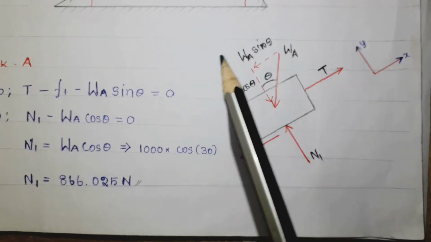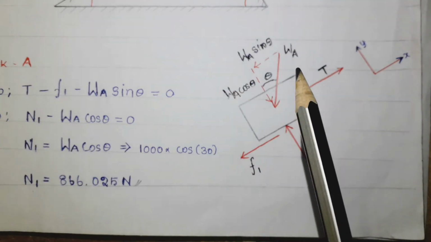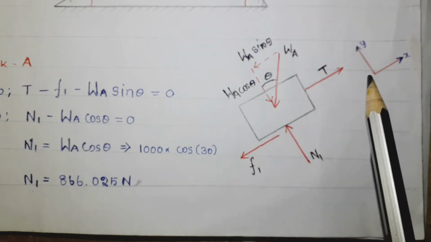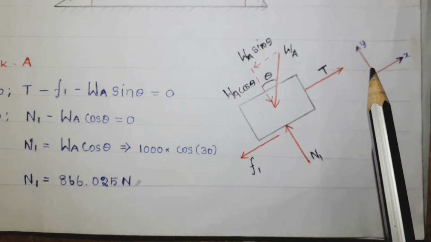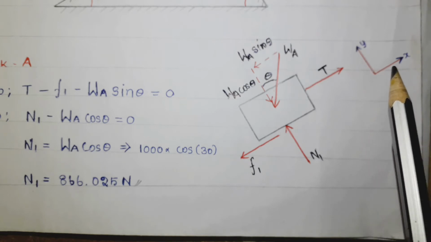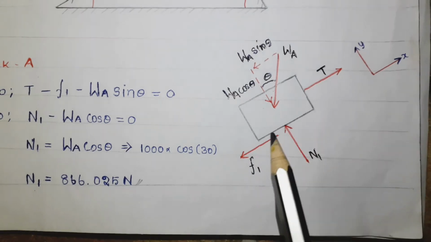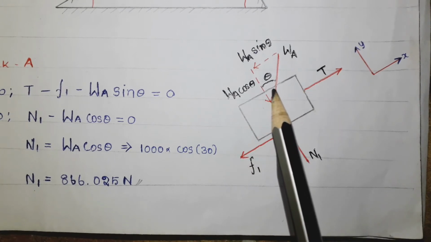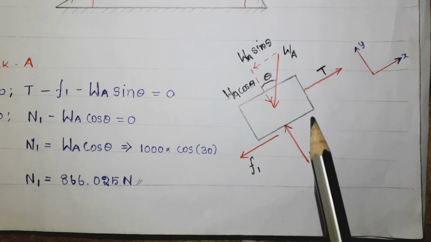Now this is the free body diagram for the block A. Here is the weight, tension, normal reaction, friction, and this is the coordinate axis. You see here it is now reoriented according to this inclined plane. Among these four forces, only one is known, and the remaining three are unknown forces.